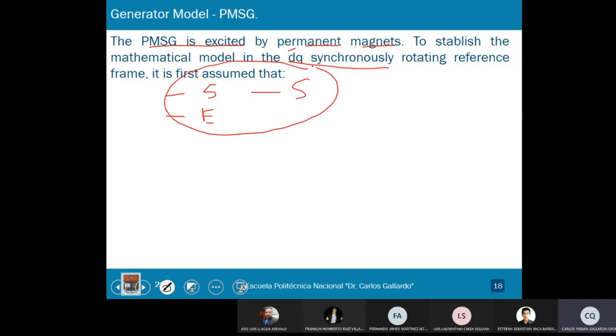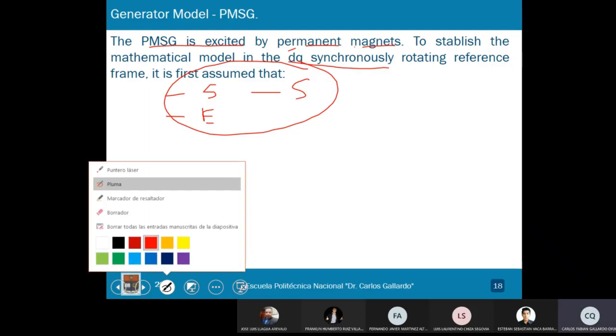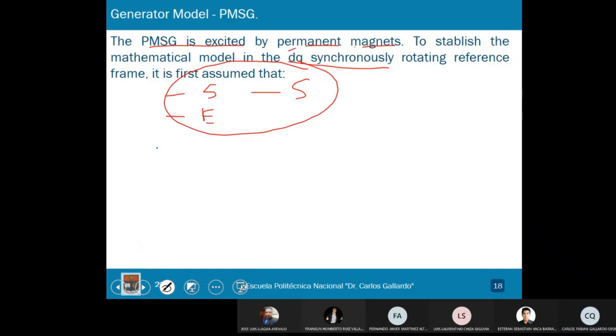With these three assumptions, the expressions for the components of the stator voltage in the DQ axis are as follows. This is the stator voltage on the D axis. Do you remember from the previous lectures how to develop the dynamical model?